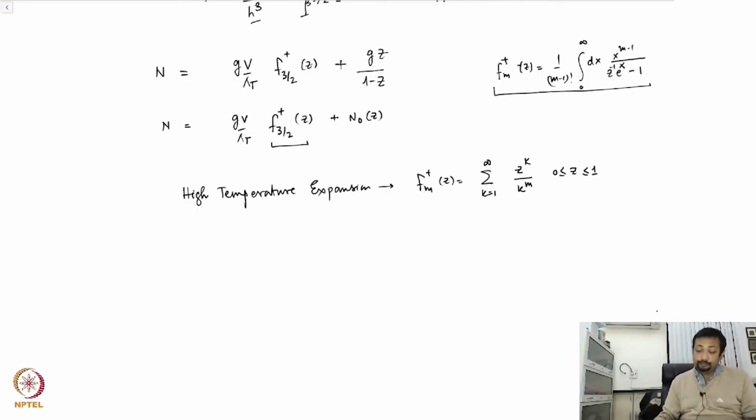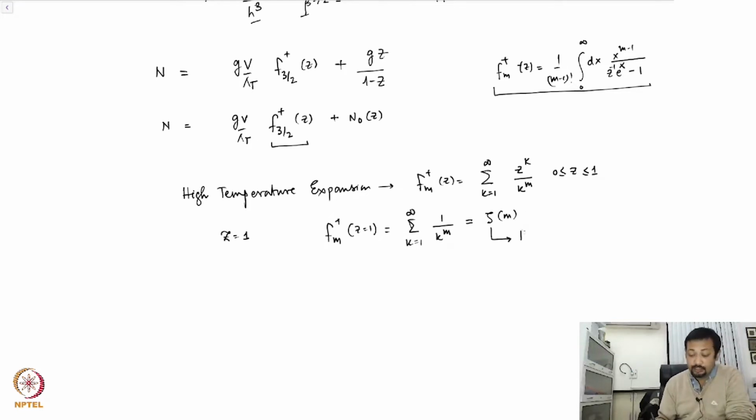One should note that if I set z equal to 1, f_m^plus(z equal to 1) becomes the sum over k equal to 1 to infinity of 1 over k to the power m, and this is zeta of m, where the zeta function is the Riemann zeta function.